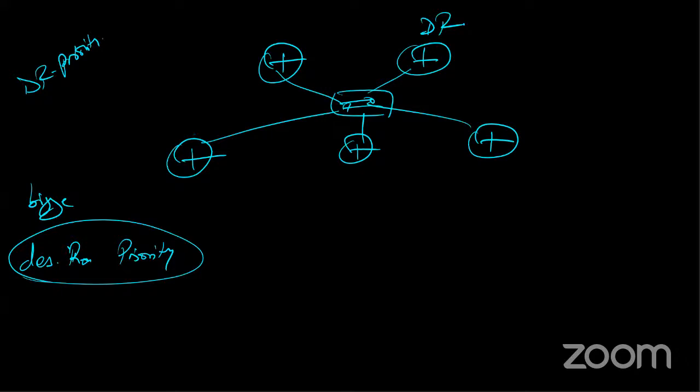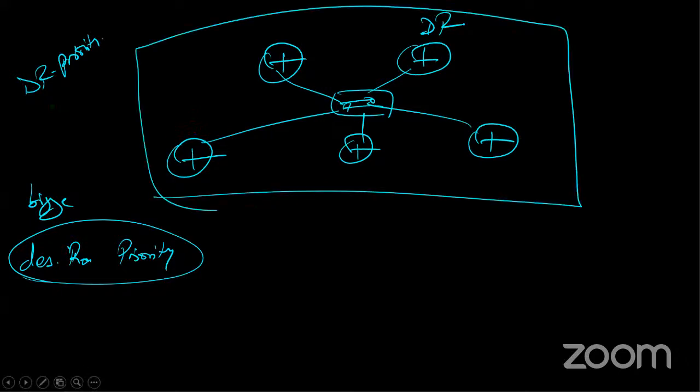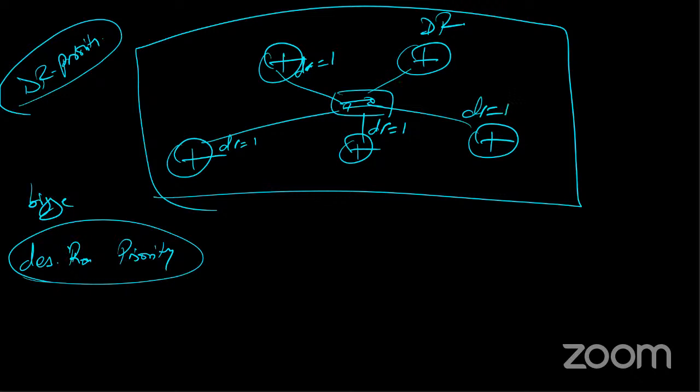When they all activate OSPF and they know we are 5, all speaking OSPF, they will all compare their DR priority at the interface. And whoever has the biggest DR priority will become the designated router. Like in our example, router 1, router 2, router 3, router 4, router 5. Everyone has a DR priority.